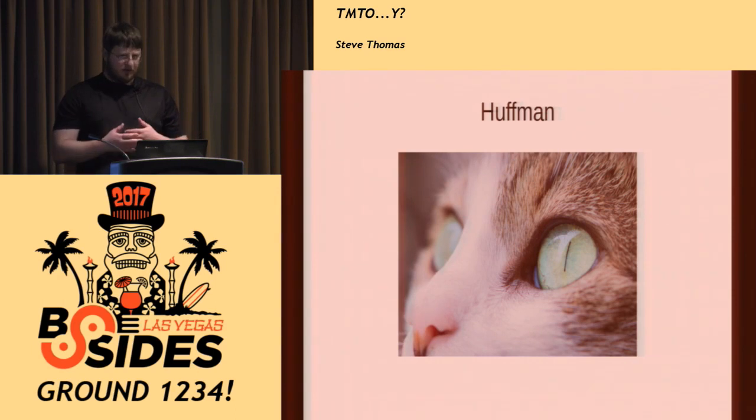So if you have a lot of buckets that all have 5 things in them, it's going to be a bit or 2 to represent that bucket. But less common bucket sizes would be larger.